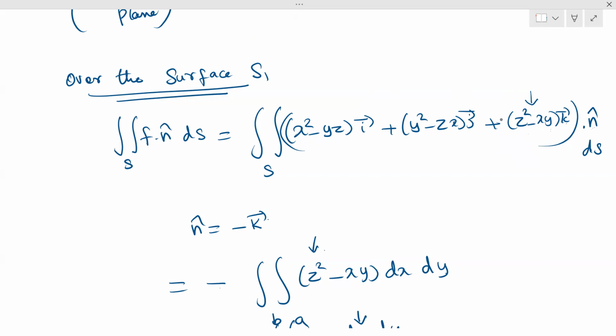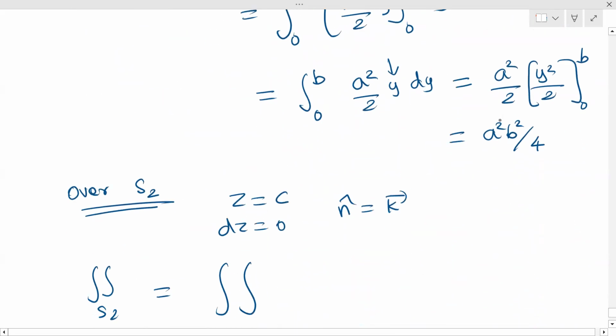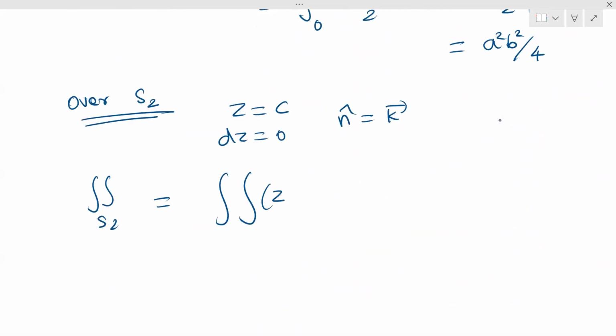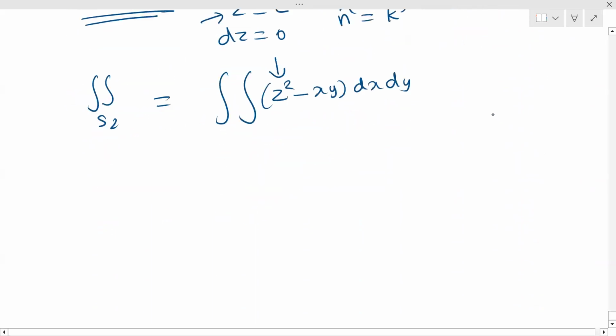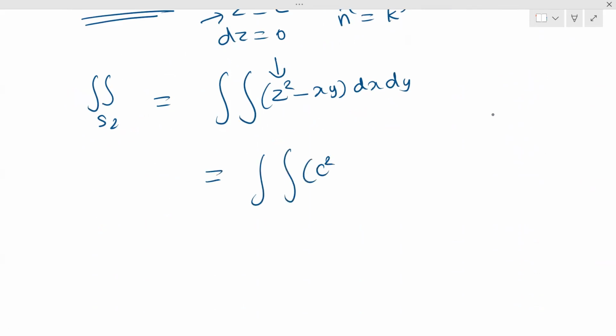So we get only the k component, z square minus xy, with dz equal to 0 meaning dx dy. Here z equals c, so substitute z as c: (c square minus xy) dx dy, with x limit 0 to a and y limit 0 to b.